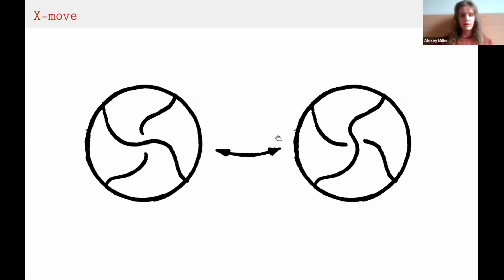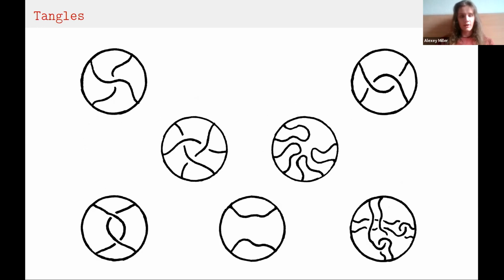It's clear that this principle can be generalized. We can replace any two tangles that have the same number of distinguished points on the boundary sphere, that is, the same number of threads.